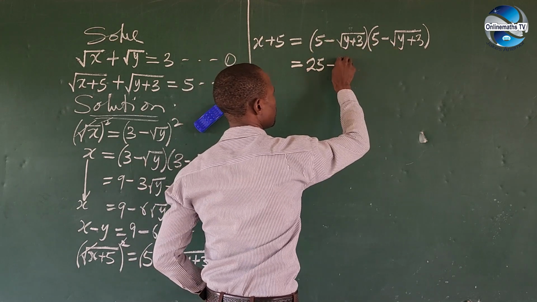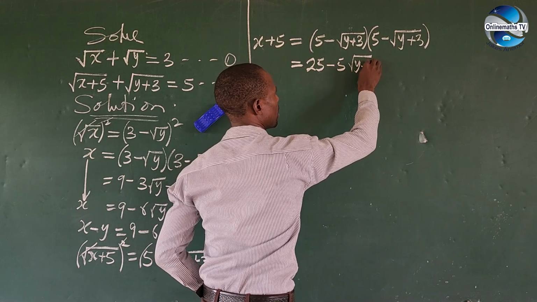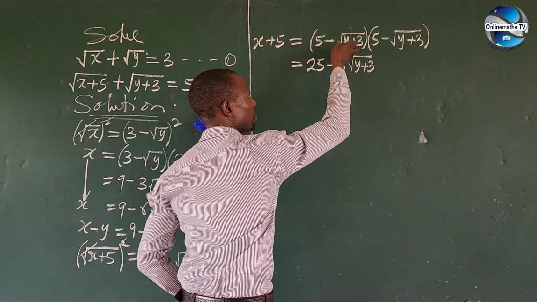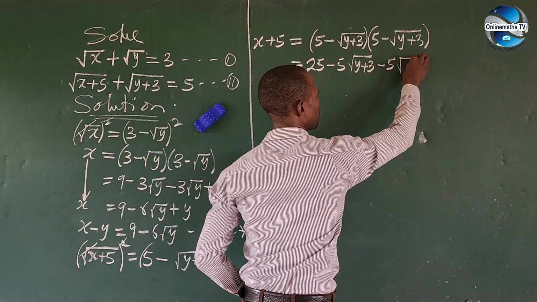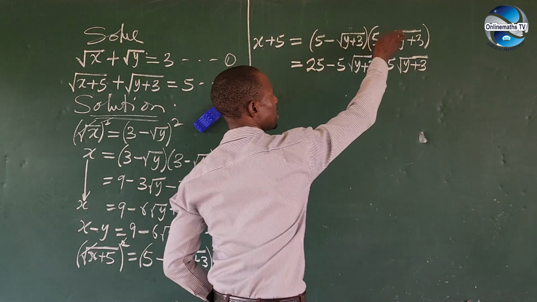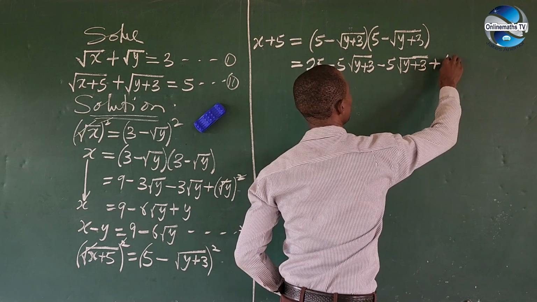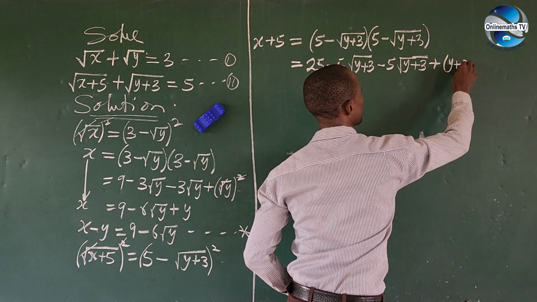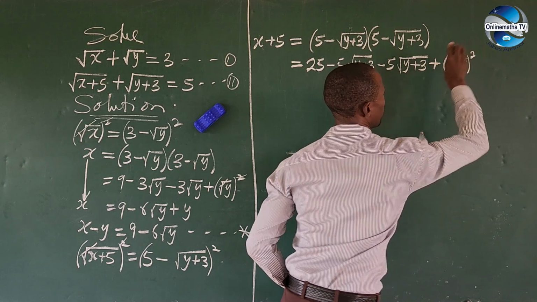Then 5 into y plus 3 gives minus 5 root of y plus 3, and again minus 5 into the square root of y plus 3. Then this times this gives plus the square root of y plus 3, squared.